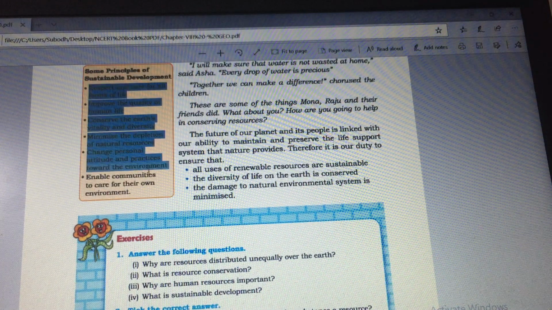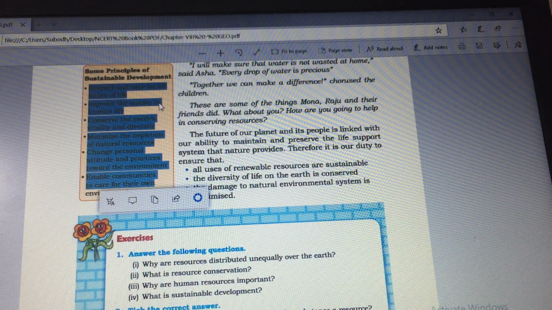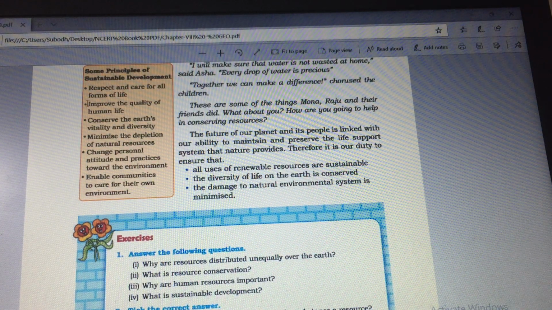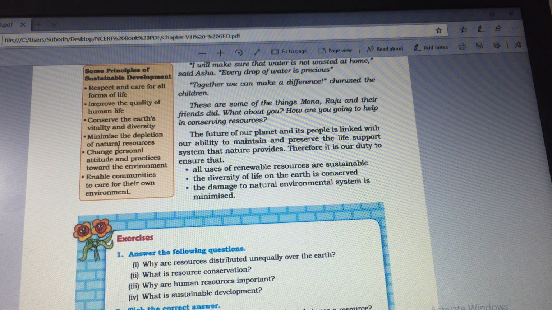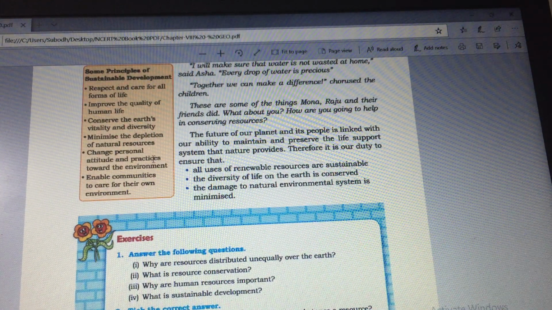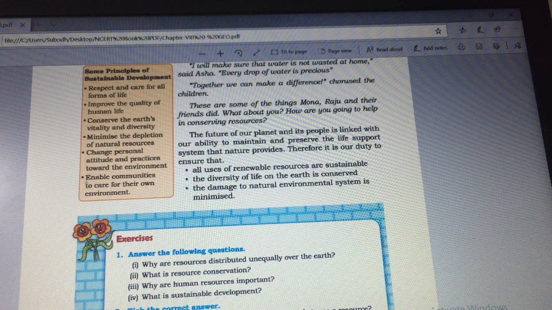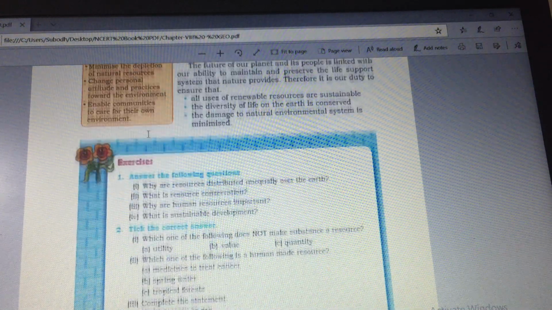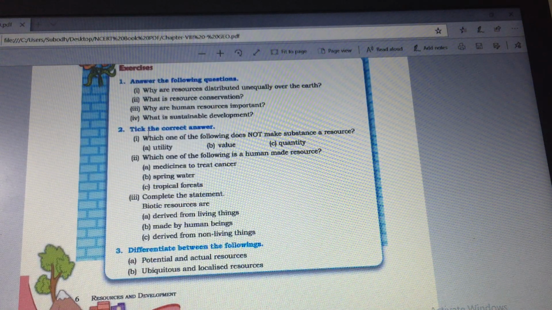These are the principles of sustainable development which we have discussed: respect and care for all forms of life, improving the quality of human life, conserve the earth's vitality and diversity, minimize the depletion of natural resources, change personal attitude and practices towards the environment, enable communities to take care of their own environment. So these are a few principles of sustainable development. So let's move on to exercises.